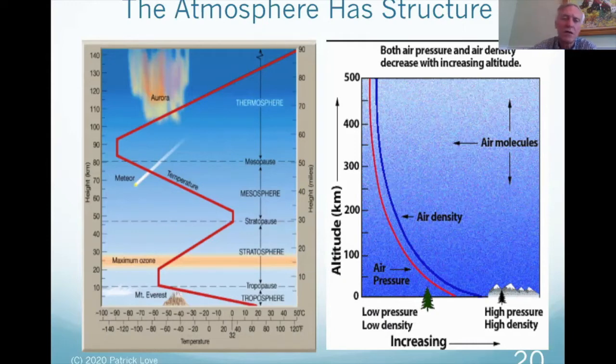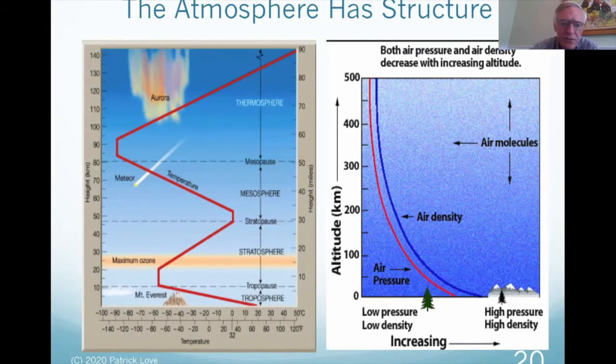Basically, this graph on the left shows the structure of the atmosphere. If you look, the scale on the bottom is the temperature, and it goes negative. It goes down in temperature as you go up, something about 6 degrees centigrade per kilometer.